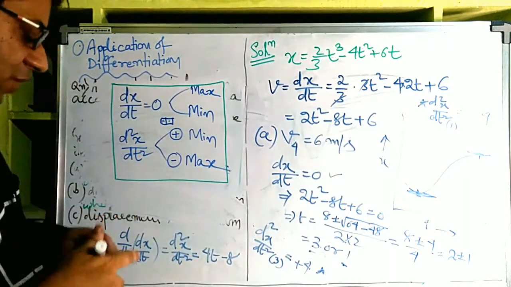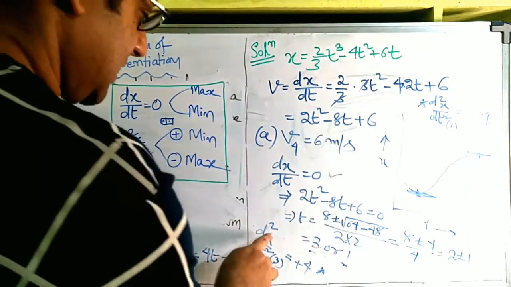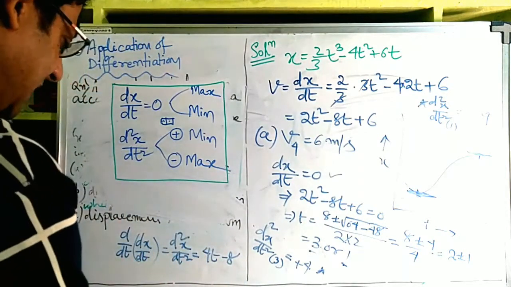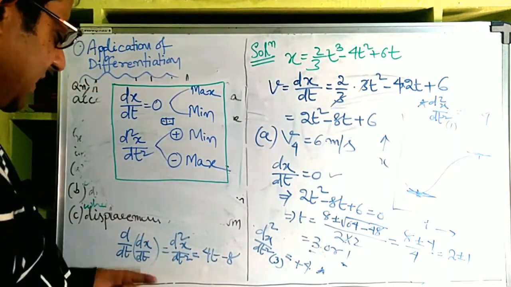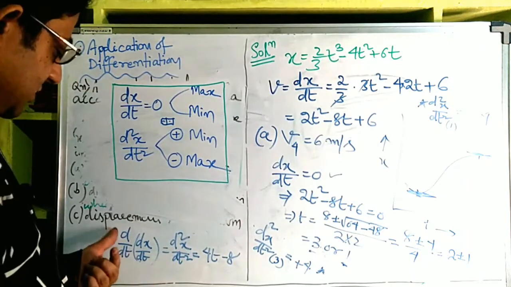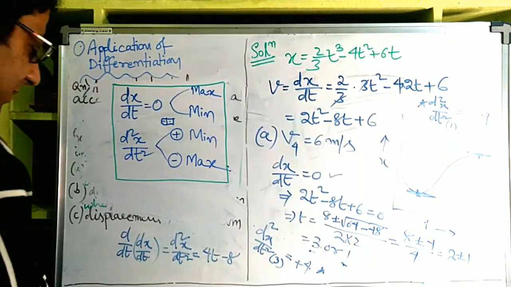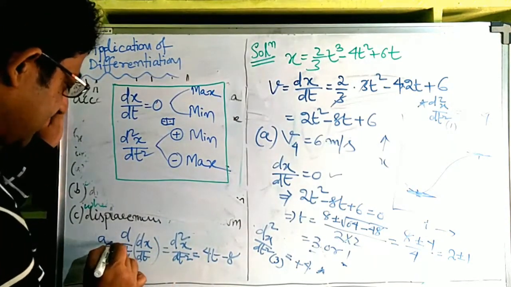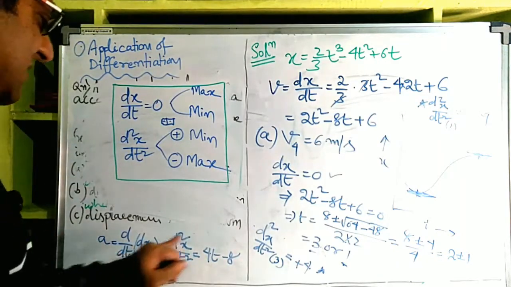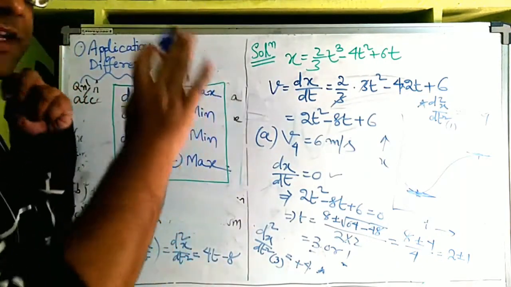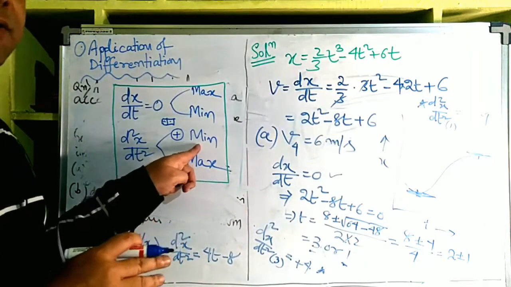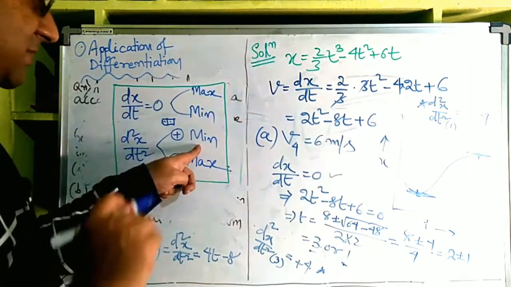And to understand why it works, see, d by dt of dx by dt, where dx by dt is v. So this is nothing but dv by dt, and dv by dt is what? Isn't it acceleration? Now if acceleration is coming positive, that means it's increasing. It will increase from the minimum value only, right? Minimum displacement only.